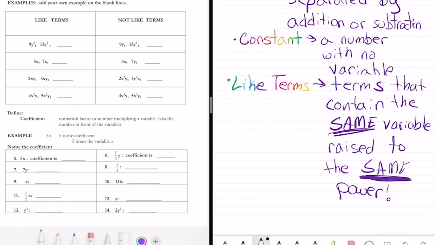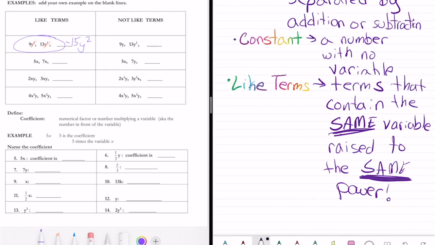So now let's take a look at like terms. Can we actually figure out the last name of this one? Does anybody notice? Yeah, that y squared. That's the last name. So anything else like negative 15y squared is going to be a like term because it has y squared.